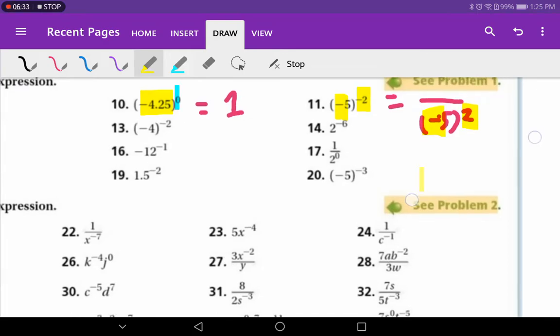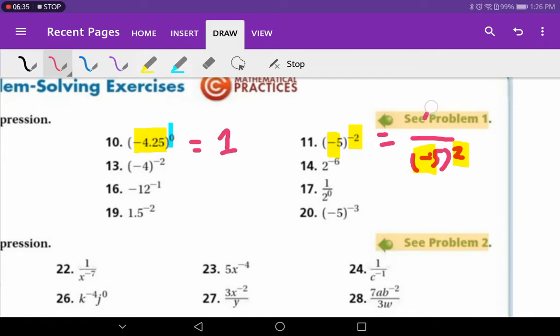Now, what about up here? 1, so it will be 1 over 25. Yes, my dear student, for a negative number, if the power is an even number, 2, 4, 6, 8, 10, 12, whatever, the answer must be positive. You have to ignore the negative number. I hope it is clear for you.